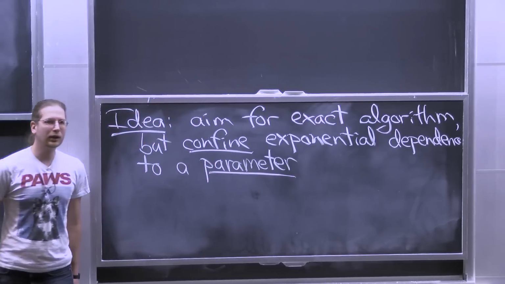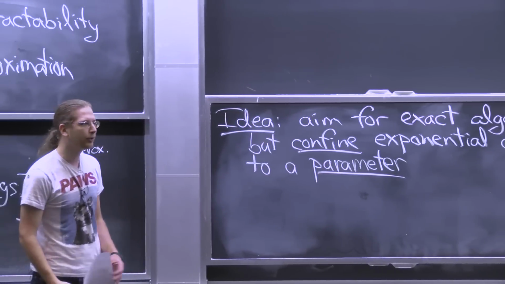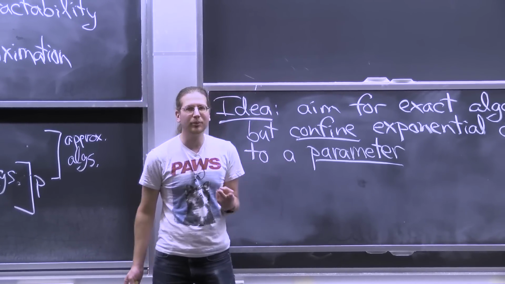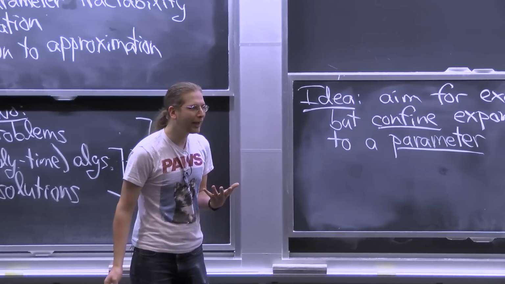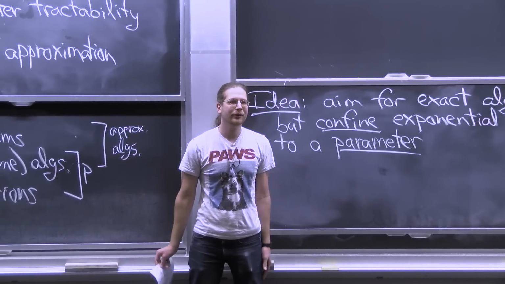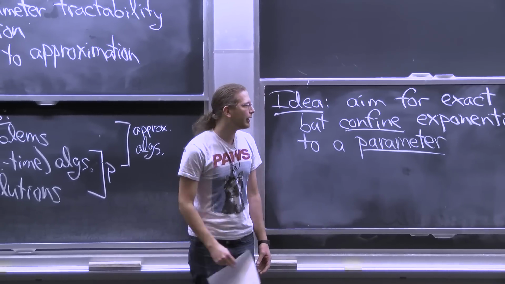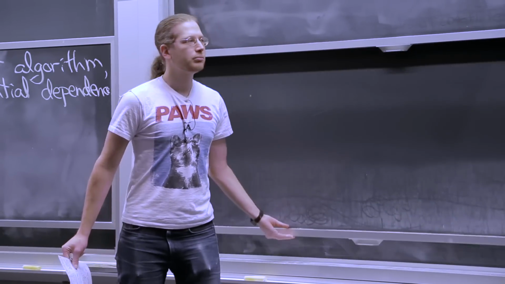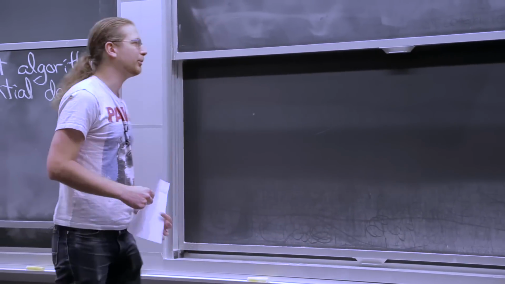We actually use parameters all the time. For example, in a graph, there's two typical parameters you think about, the number of vertices and the number of edges. If you're sorting an array, the usual parameter you think about is the size of the array. That's all I mean. A parameter, in general, is just some kind of size or complexity measure.